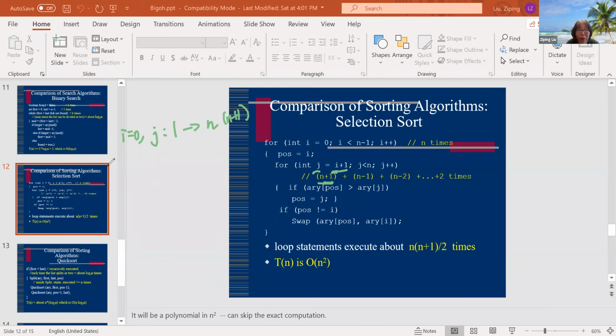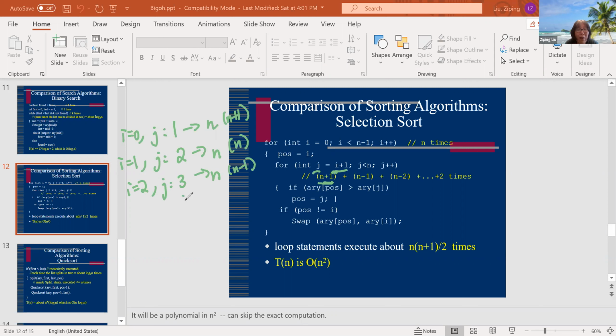And when i is 1, j goes from 2 to n. How many times? n. And when i is 2, then j starts from 3 to n. That's how you come up with n minus 1.